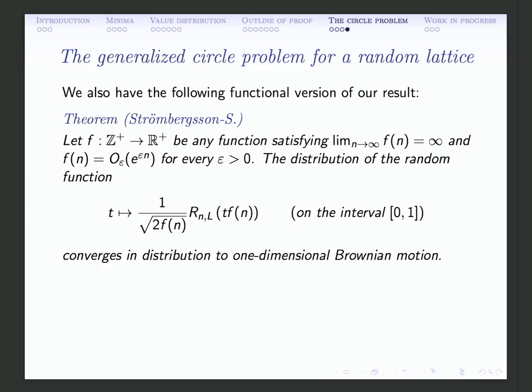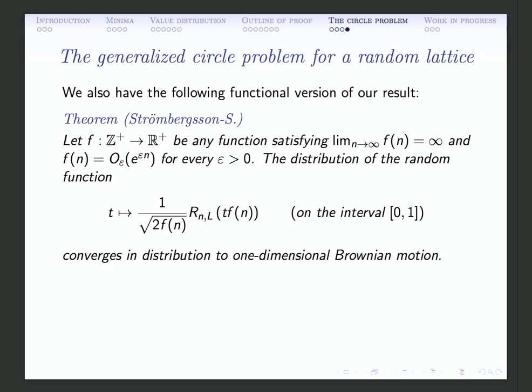So you merge a lot of these error terms together, and what you get in the limit is one-dimensional Brownian motion. So it's a question about understanding the joint distribution of the random variables that were on the previous slide. So this is what we really use when we approach the problems about this Epstein zeta function.